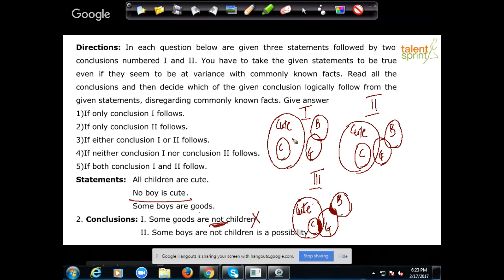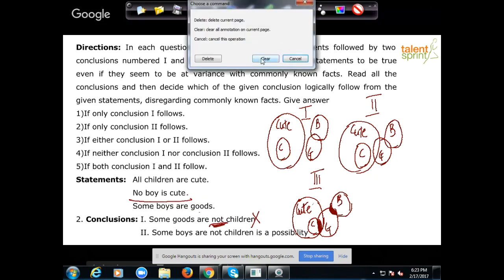I repeat, children is a subset of cute. Therefore, all children will always be cute, as statement number 1 says. But statement number 2 clearly tells us that no boy is cute. Therefore, under no circumstances will the set of boys overlap with cute. If it does not overlap with cute, obviously it will not overlap with children, because children is a subset of cute. So I hope that all of you have understood this question.